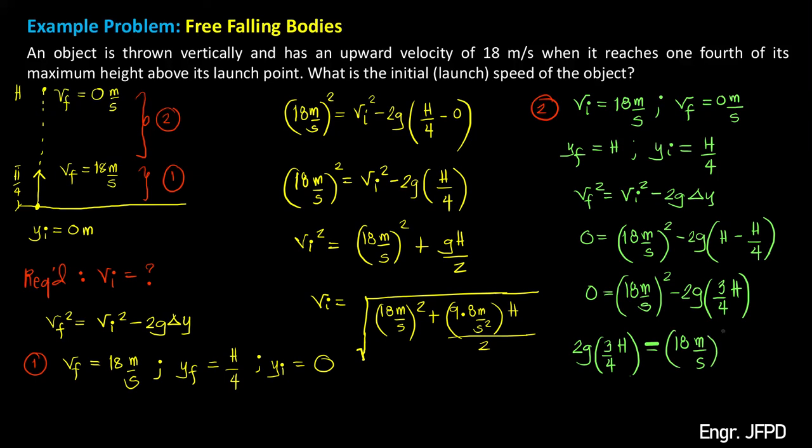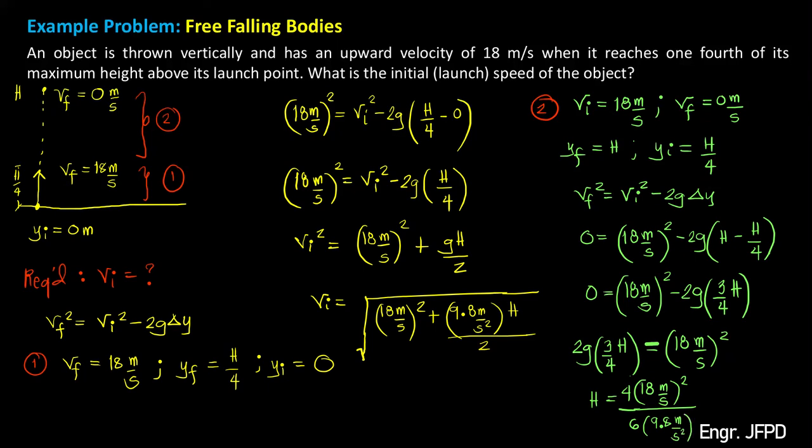Solving for h algebraically, just cross multiply 4 on the right side of the equation and divide both sides by 6g. This will be 4 times 18 meters per second, squared, divided by 6g. Take note, the 4 is being multiplied on the 18 squared, and this is divided by 6g, and that 6g is 6 multiplied by 9.8 meters per second squared.